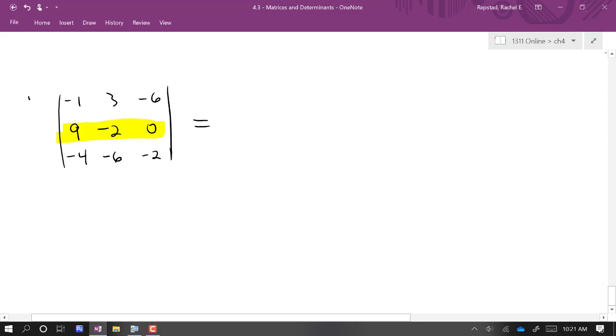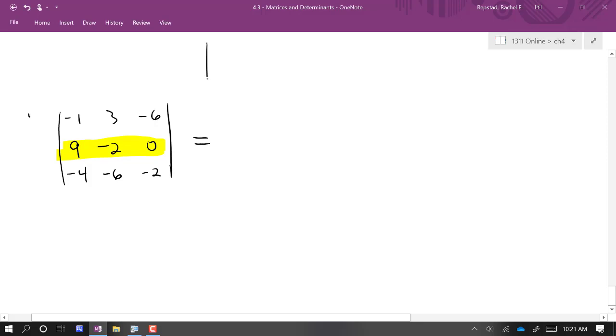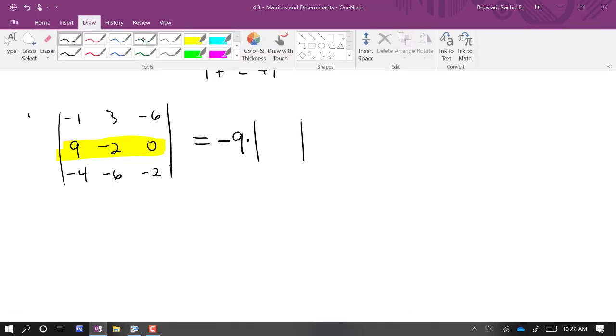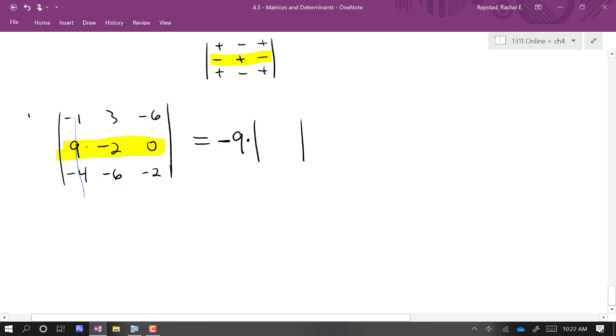The next thing I'm going to do is jot down my pattern of signs. Since I'm expanding on row 2, that's the pattern of signs I'm going to use. Notice that row 2 begins with a negative, so I'm going to write minus, and then my first entry is a 9 in that row, times the determinant of the 2 by 2 that I get when I eliminate that row and that column.